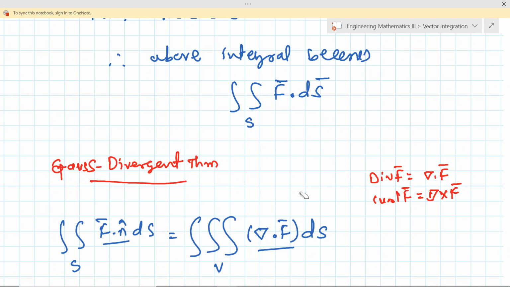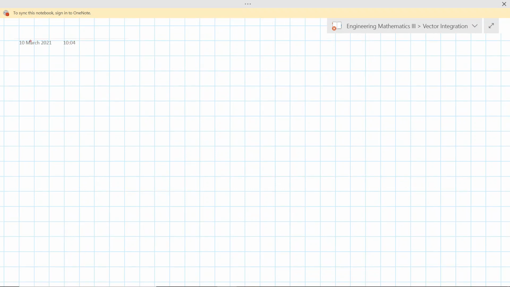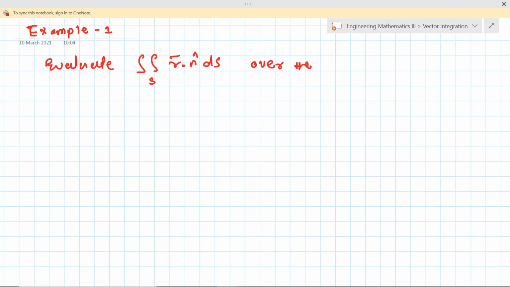So now here the example is, let me start with a very simple question. This is example one. Evaluate the surface integral of r bar dot n cap ds over the surface S, where S is the surface of the sphere of radius 2.